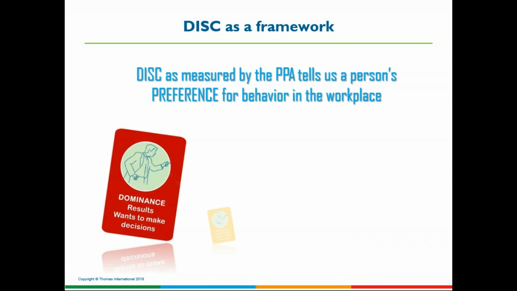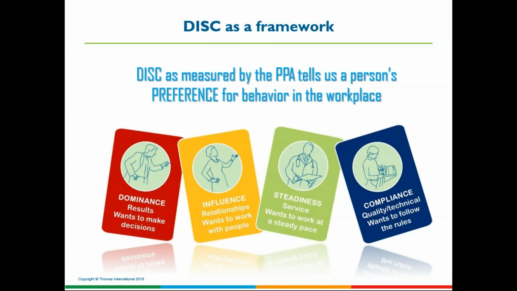The framework, of course, for this is DISC. It's key for helping teams understand how to build trust because it tells us a person's preference in behavioral style in the workplace. We find it easier to trust people who are just like us because they're familiar and we're trustworthy, right? I mean, who here is going to say, hey, I'm not trustworthy?